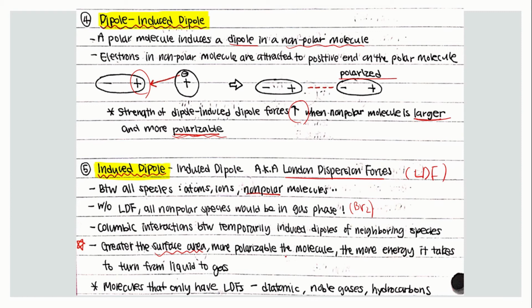So the molecule will be more polarizable and there will be a stronger force of attraction between them, and it will take more energy to turn it from liquid to gas. The molecules that only have LDFs are diatomic molecules like Br2, Cl2, and noble gases, and hydrocarbons.